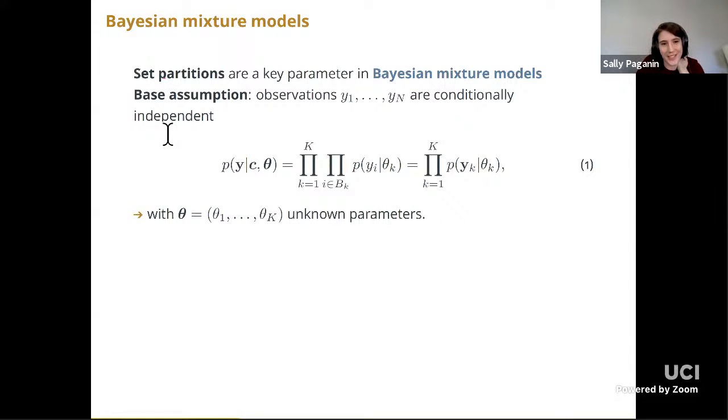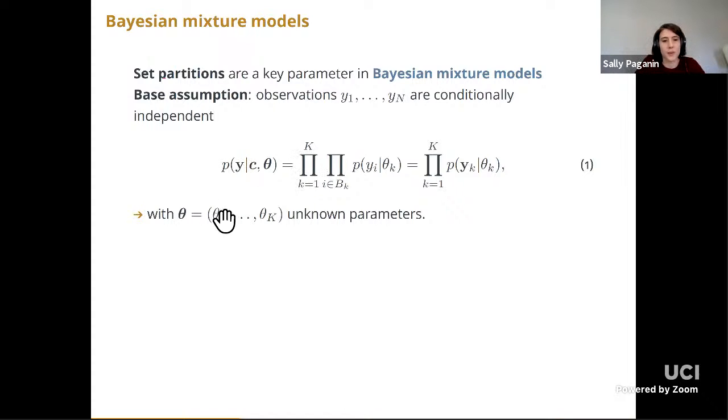So this was the mathematical representation of a partition, but a partition is something that we already use a lot in Bayesian mixture models. Typically it is the latent parameter of the model, and just to remind you, in a Bayesian mixture model, one basic assumption is that observations are conditionally independent given the clustering, given the set partition.